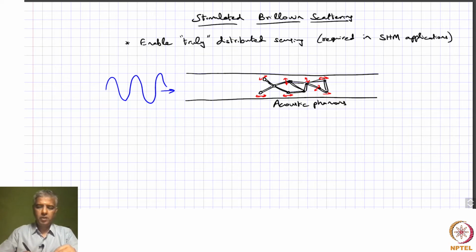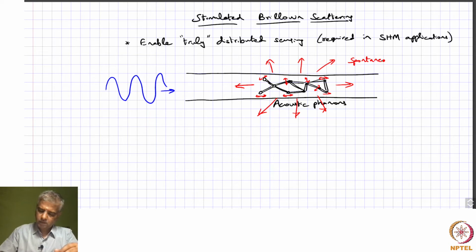But when you have this electromagnetic wave coming in, that's going to actually scatter off all these phonons, and that scattering is going to happen in all possible directions. So this is basically what you call spontaneous Brillouin scattering.